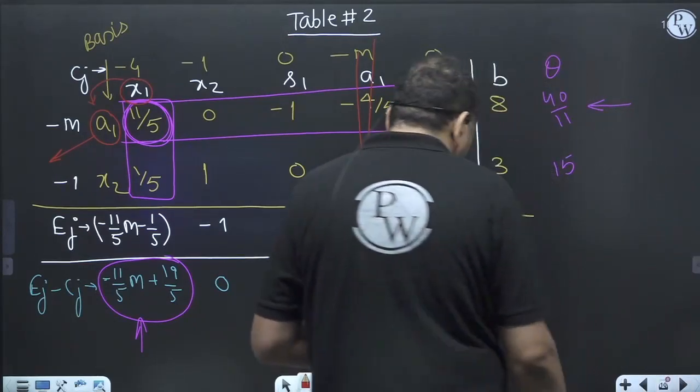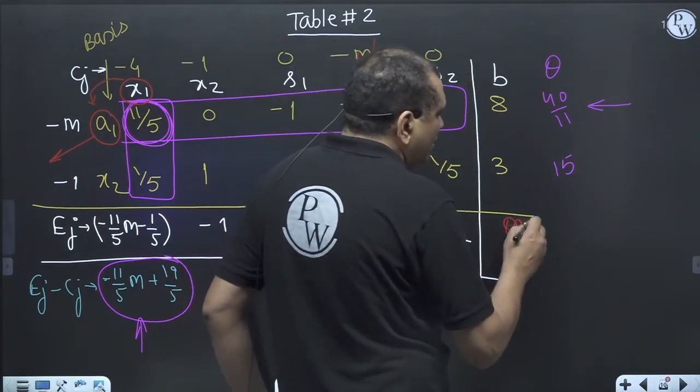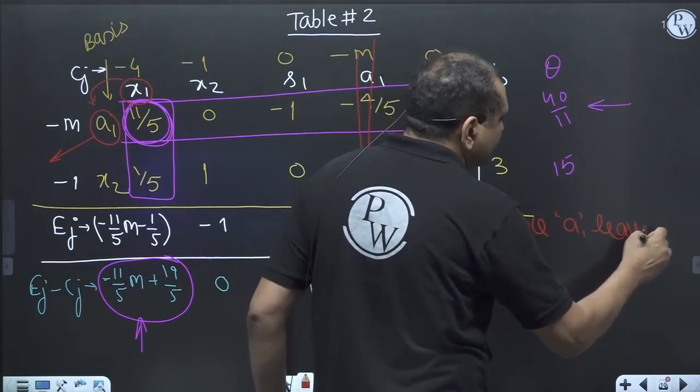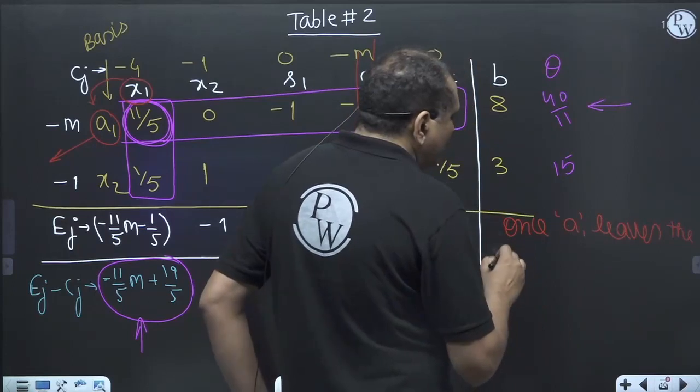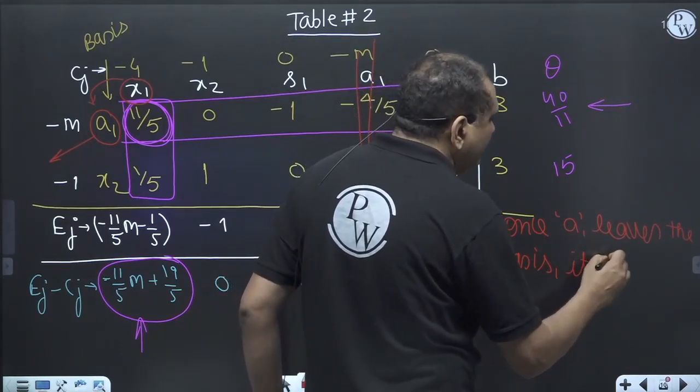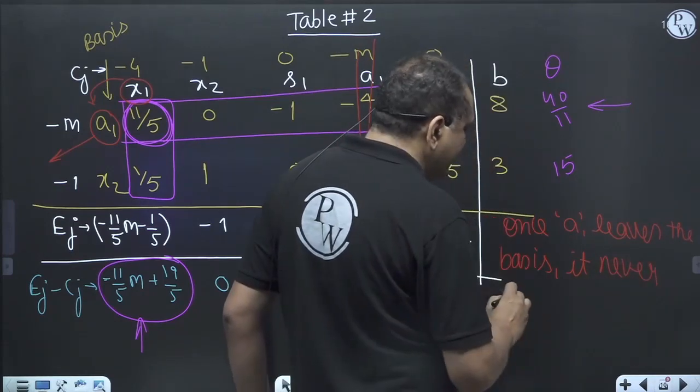So here I am writing: once an artificial variable leaves the basis, it never re-enters again.